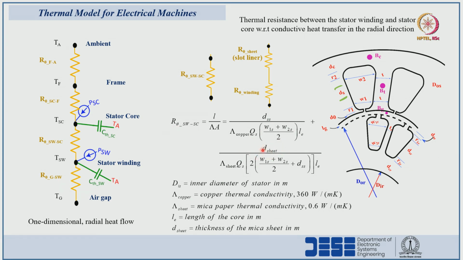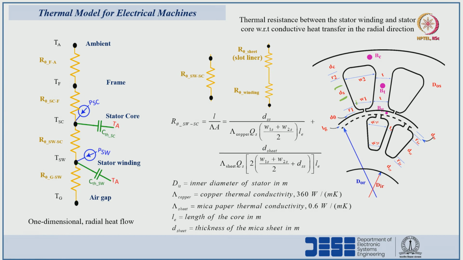Thickness of the insulating sheet divided by the conductivity of the insulating sheet into the total number of slots into the area with respect to the insulating sheet placed in one slot. So, the perimeter I am calculating, here we can see.